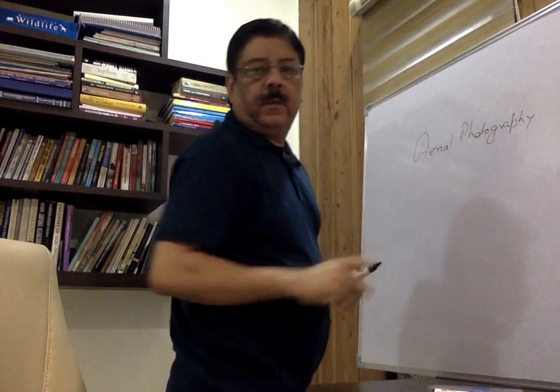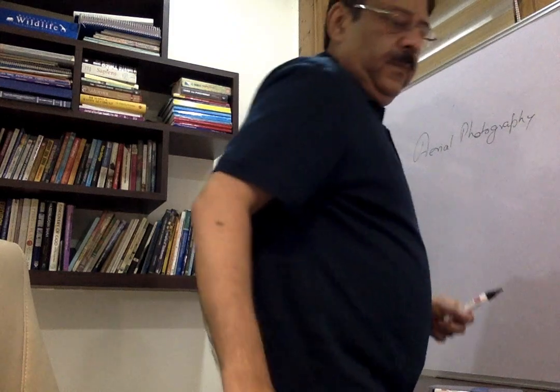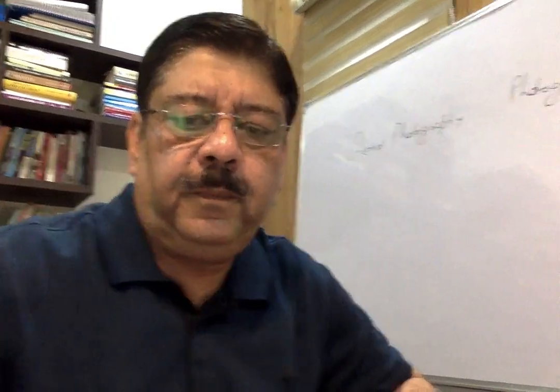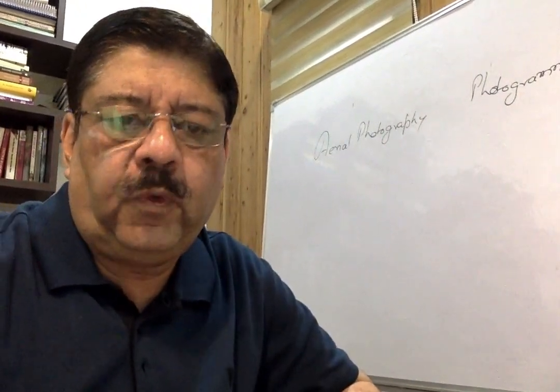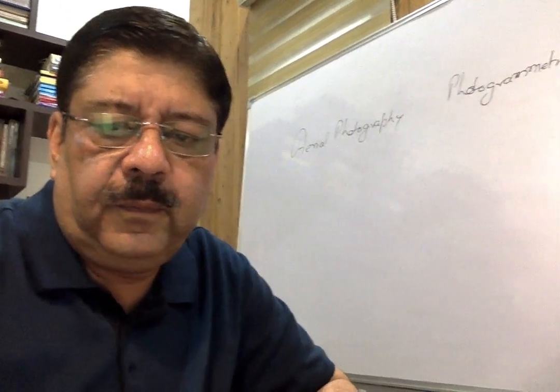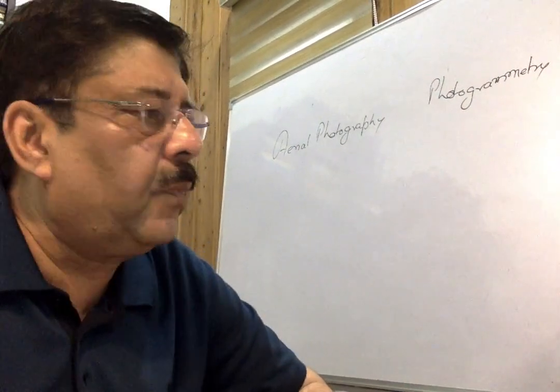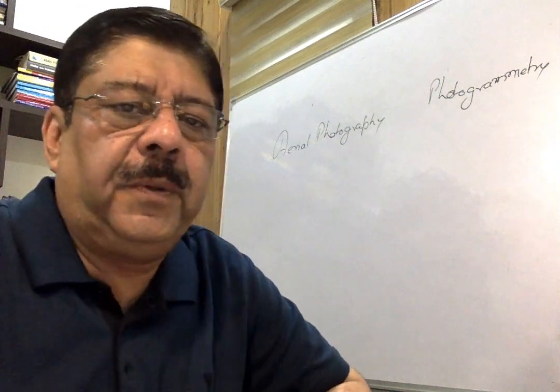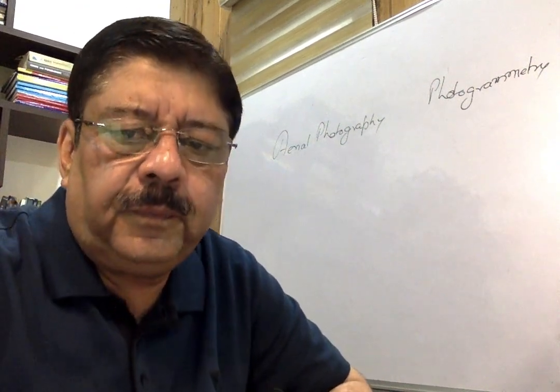You can see the board. You can read what is written on the board. If you cannot read, I will adjust the angle. So what is the difference between aerial photography and photogrammetry? Is there any difference?